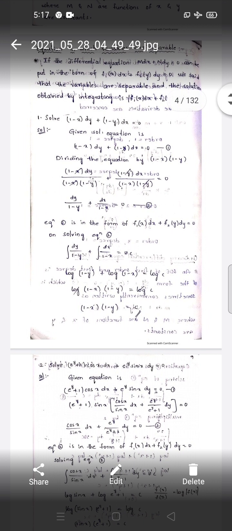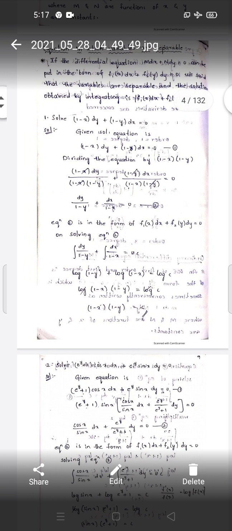So solving equation 2, integrating: the integral of dy by (1 minus y) plus the integral of dx by (1 minus x) is equal to a constant. So minus log of (1 minus y) minus log of (1 minus x) is equal to log of c.